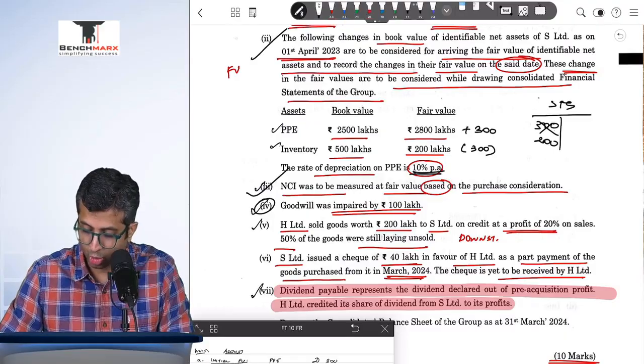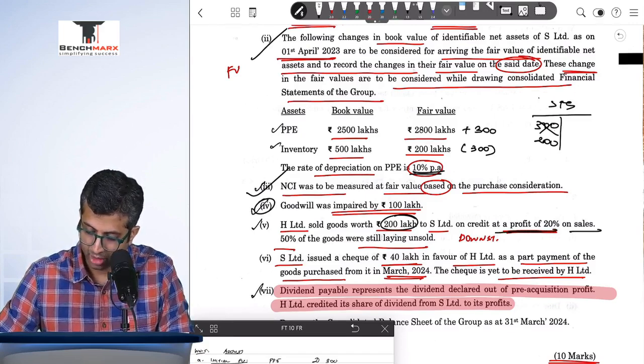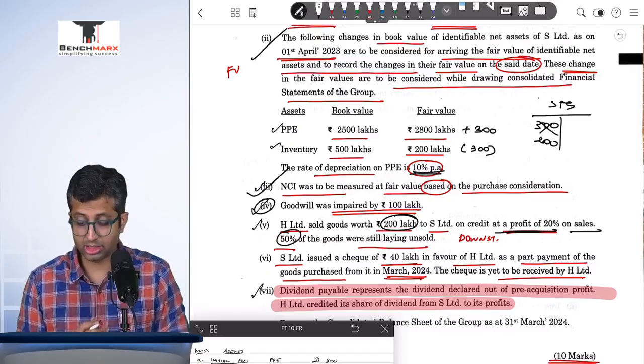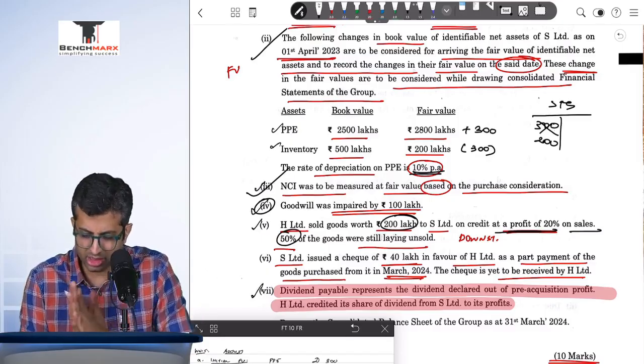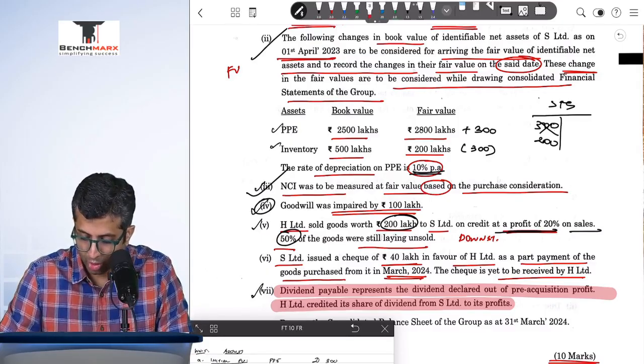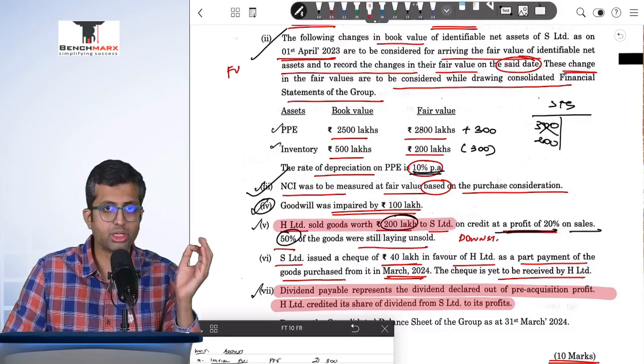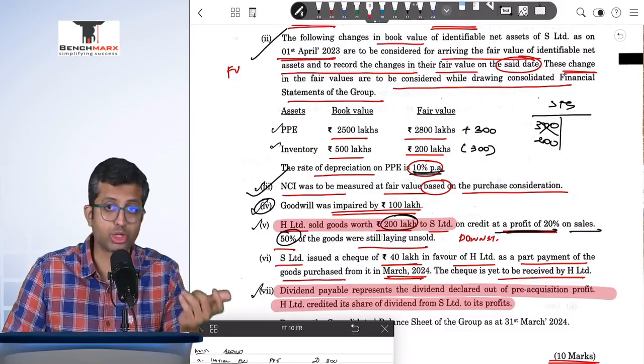Then H sold goods of 200 on credit at a profit of 20% on sales. 50% of these goods were still lying unsold. Now over here there is a problem. They have told you that H sold goods worth 200 lakhs to S. Now 200 lakhs is the cost price or the selling price?